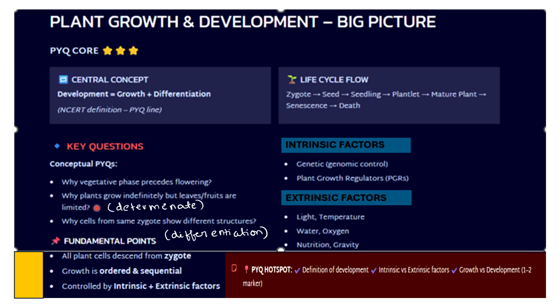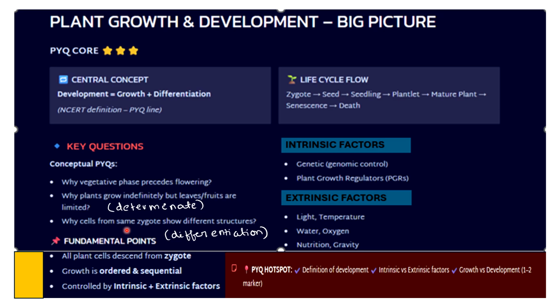The next question is, why do plants grow indefinitely but leaves or fruits are limited? Because plants have certain tissues, meristematic tissues, with the capacity for indefinite or indeterminate growth, while leaves and fruits are determinate organs. That's why they do not grow infinitely.